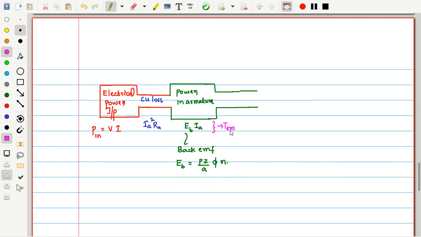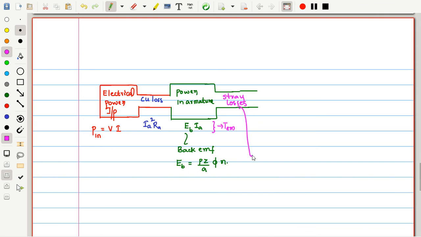Once the armature starts rotating, there will be some frictional and windage losses, or all constant losses, iron and core losses. Let me call that stray losses. What are the stray losses? Stray losses are magnetic and friction and windage losses.